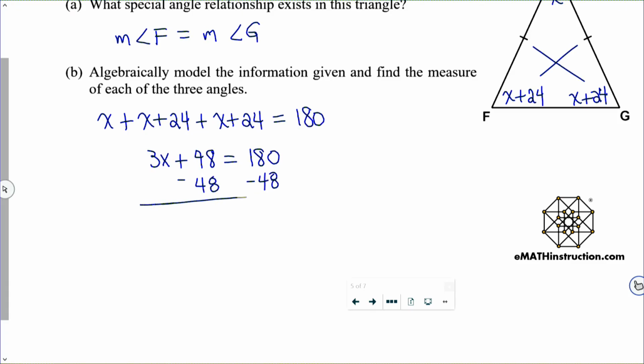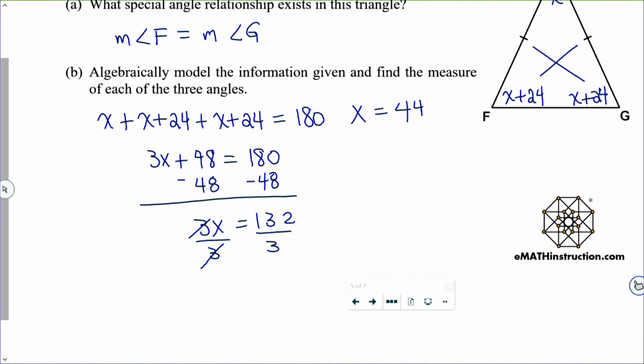Calculators are helpful here, but not mandatory. That's going to be 3x is equal to 132, right? Divide both sides by 3. 132 divided by 3 is going to be 43. Nope. Let's try that again.